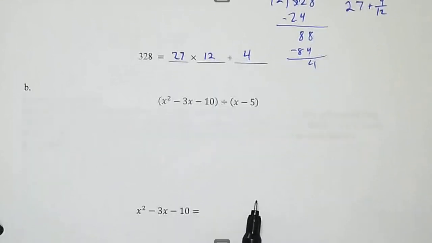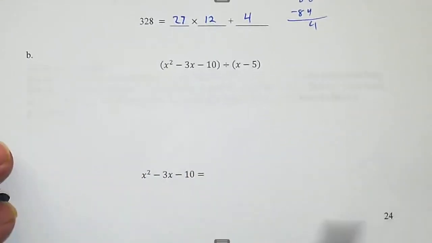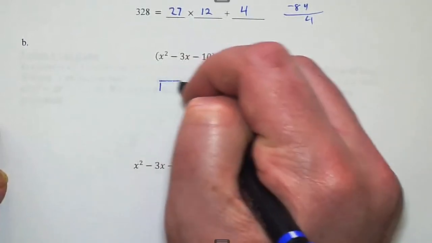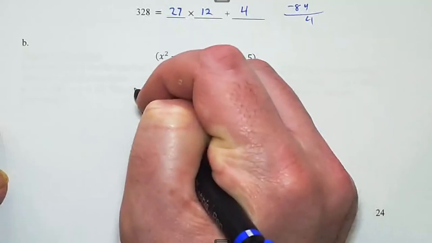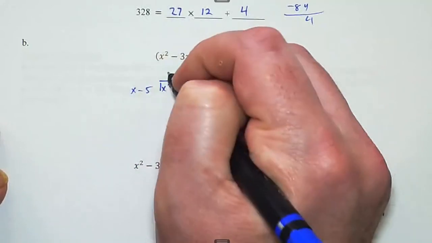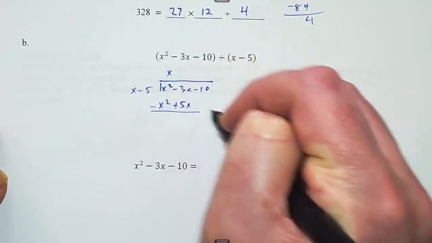Okay. Let's do that with this one. All right, I'm going to long divide by x minus 5. And I get x, and I get x squared minus 5x. Change the signs.